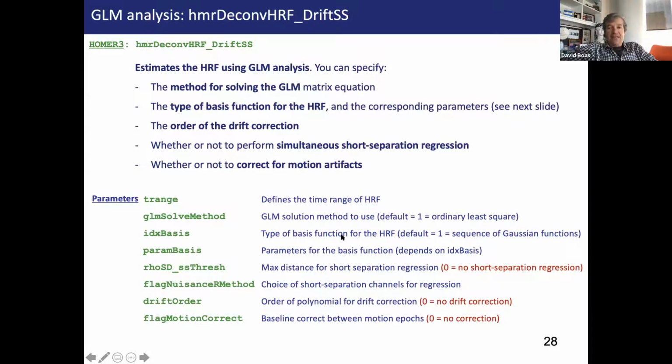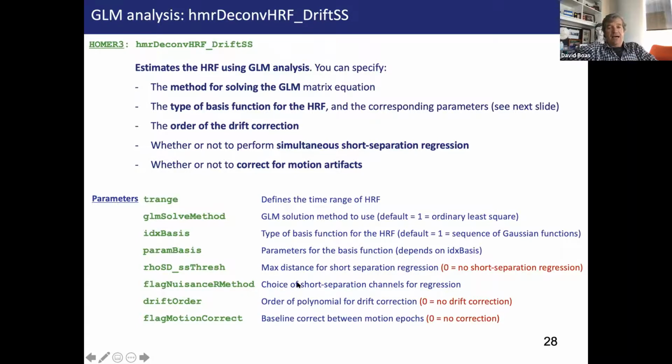Then we have to define the basis function. We default with 1, which are the Gaussian functions, but we also have the canonical basis functions. You have parameters for the basis functions. You have a threshold for the short separation measurement. Start with 0 so that you would not do any short separation regression. I'll explain this in a little bit.